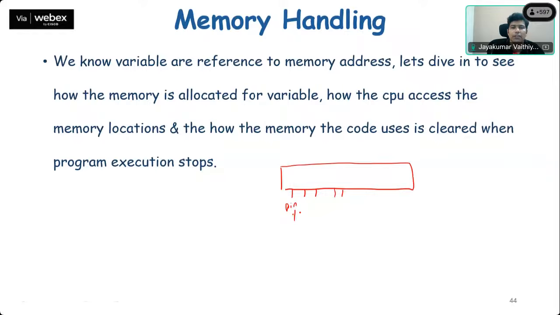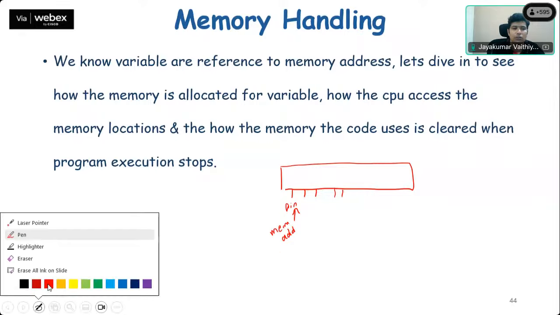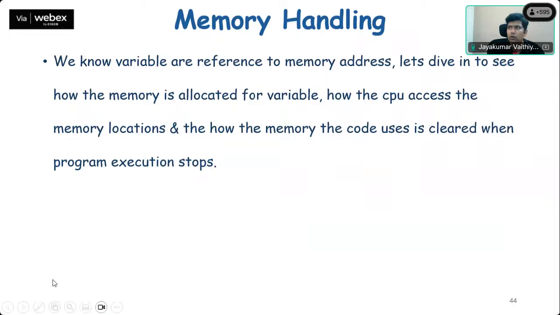Okay. So each and every pin is assigned a memory address. So imagine it this way. We have a door number; in RAM, we have a memory address. Okay. Then only are we able to know where your variable is exactly stored.